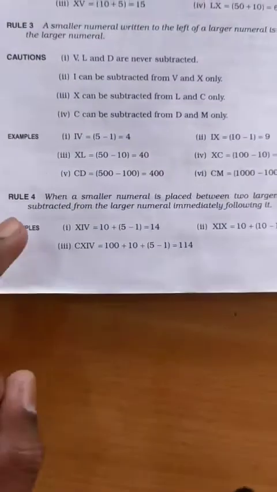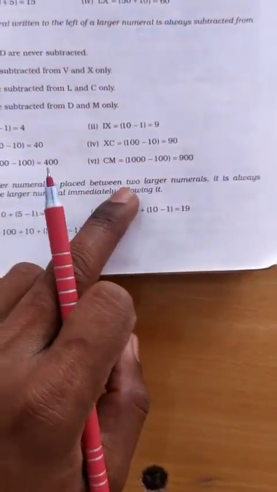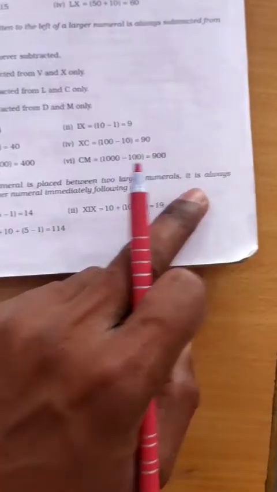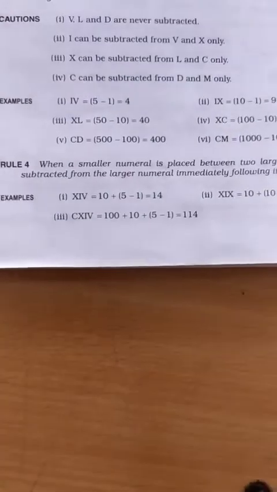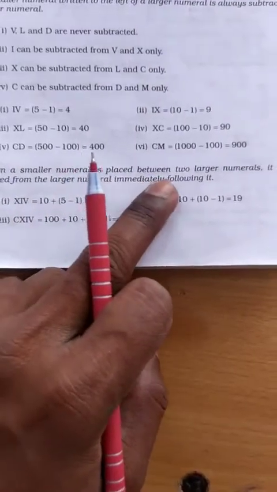Now rule number 4 says when a smaller numeral is placed between two larger numerals, it is always subtracted from the larger numeral immediately following it.